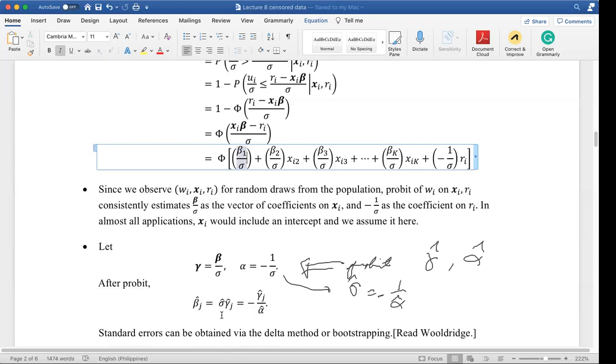This is maximum likelihood estimation, so you can safely do this substitution. Therefore, what is gamma hat here? Beta hat j is minus gamma hat j over alpha hat.